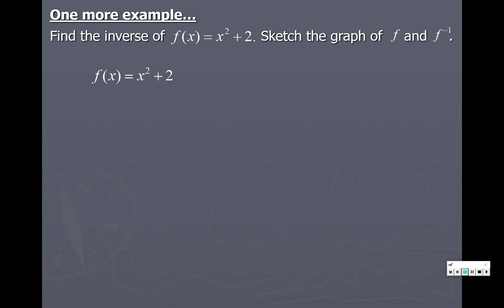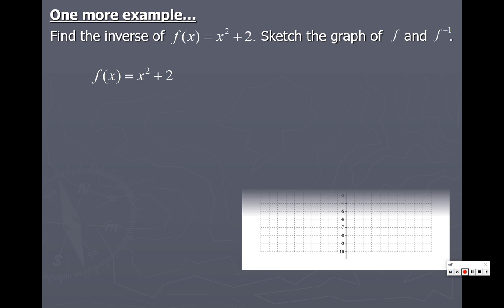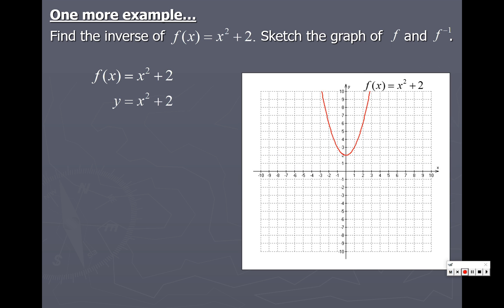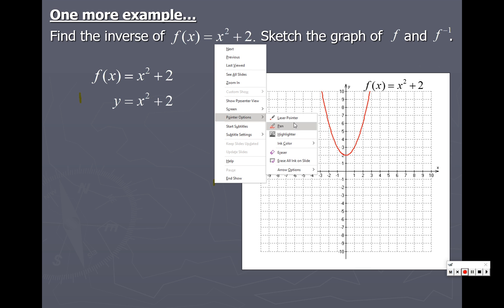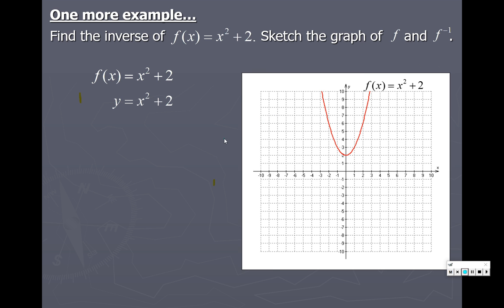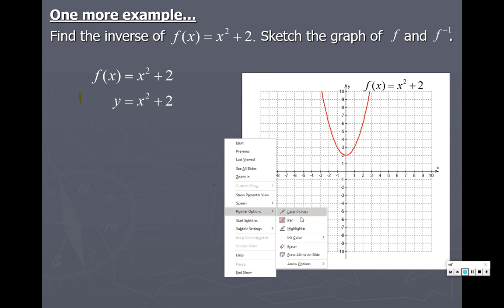Okay, here's the steps. They give you a function f at x equals x squared plus 2. I'm going to try and match up these steps with what I wrote before. Step 1.